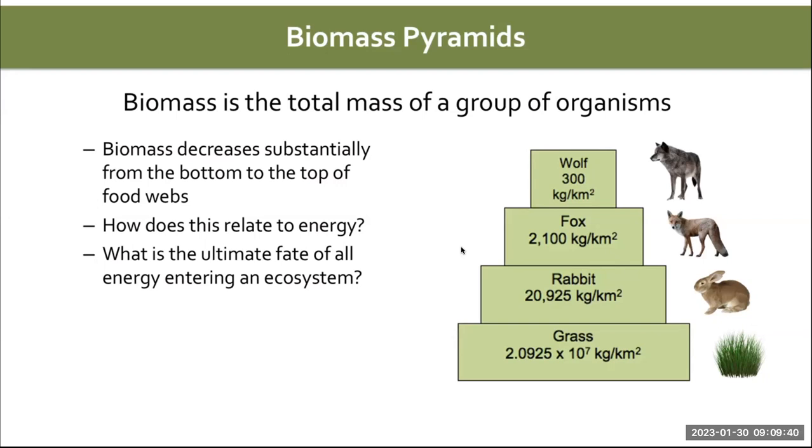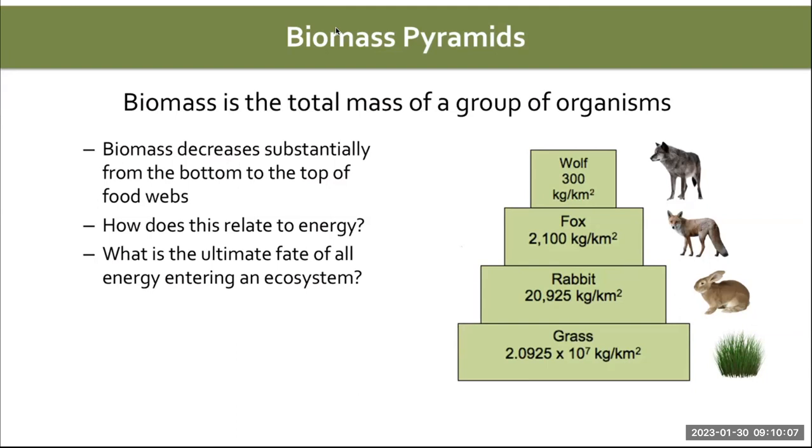So you need a lot of biomass of grass to support over 21,000 kilograms per square kilometer of rabbits. And that's how many rabbits are needed to support 2,100 kilograms per square kilometer worth of foxes, to support a certain number of wolves in a given ecosystem, all right?